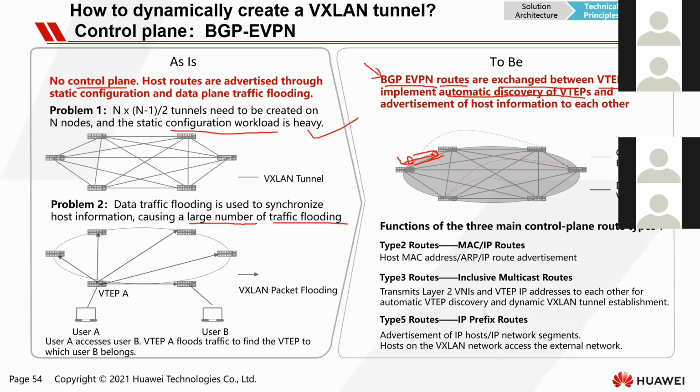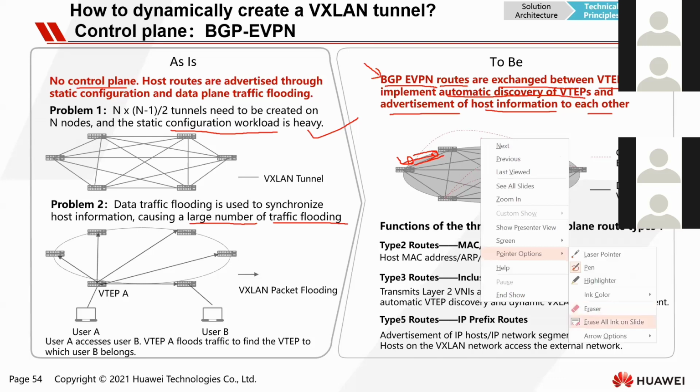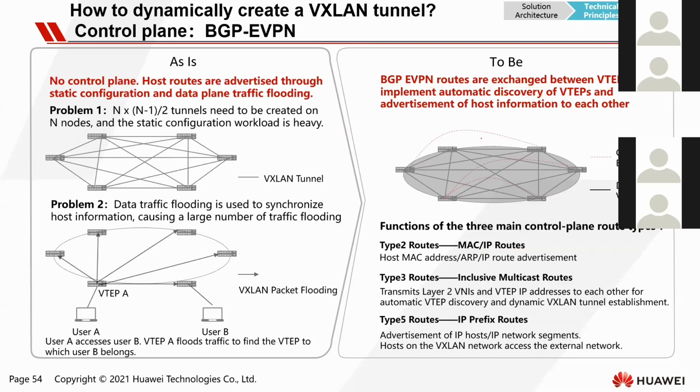Besides this, the BGP EVPN routes will help to advertise the host information to each other. So in this case, we will no longer need to configure the peers one by one. The BGP EVPN routes will help you solve this tunnel issue, the first issue.